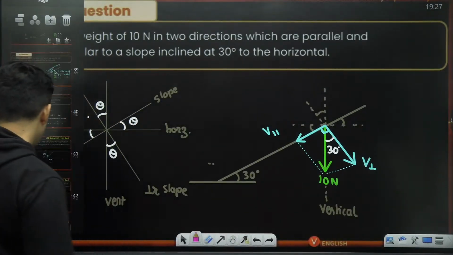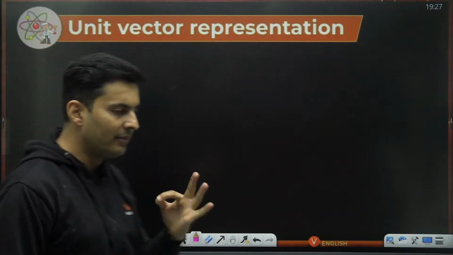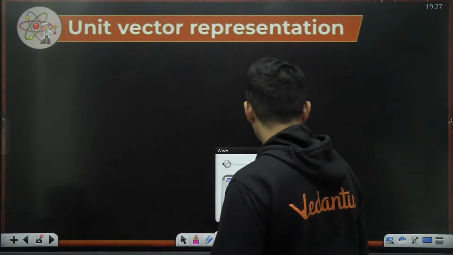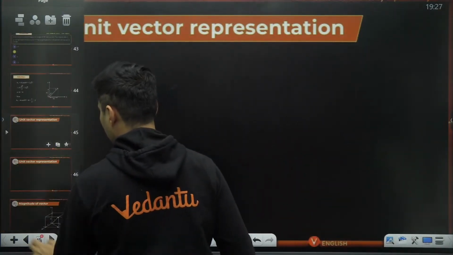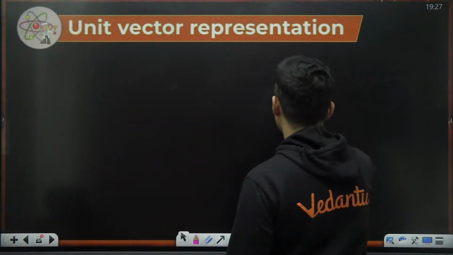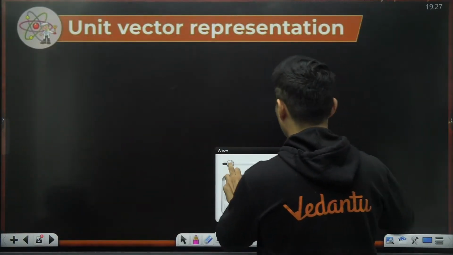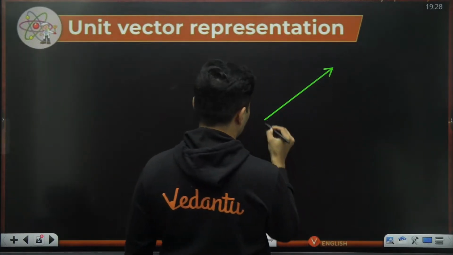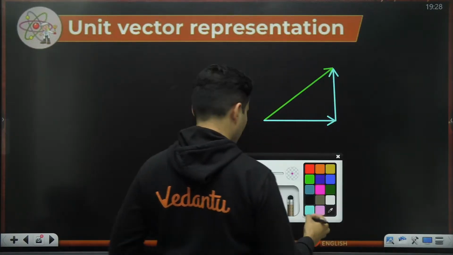All right. Moving ahead now to the final unit vector representation, and this is the best part of it. Look at this. Suppose there was a vector like this, with this as the x component and this as the y component.